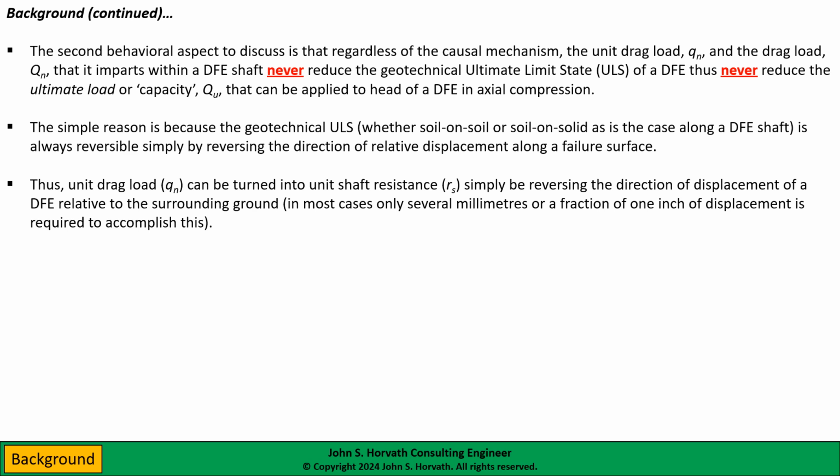And in most cases, this only requires several millimeters or a fraction of an inch of displacement to accomplish this. So we're talking about fairly small displacements to cause this unfailing and failing in the other direction.